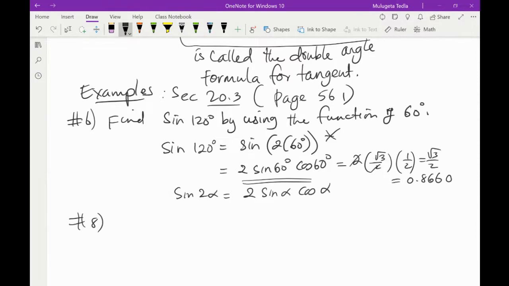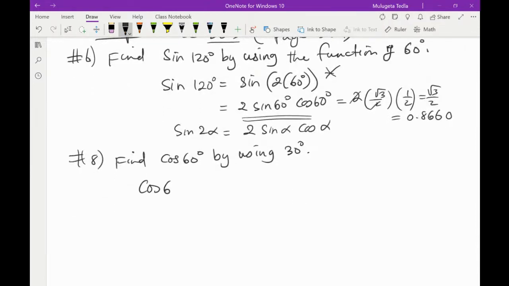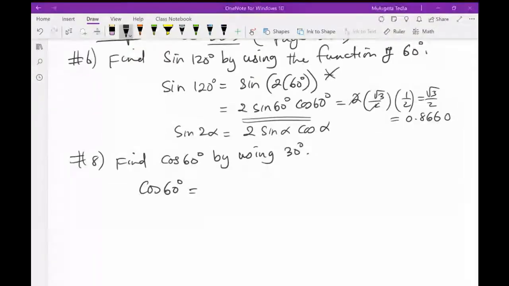Okay. The second, find cos 60 using 30, obviously. We know cos 60 is what? Who can tell me the factorization or the identity using 30 degrees? "1 minus 2 sine squared 30."